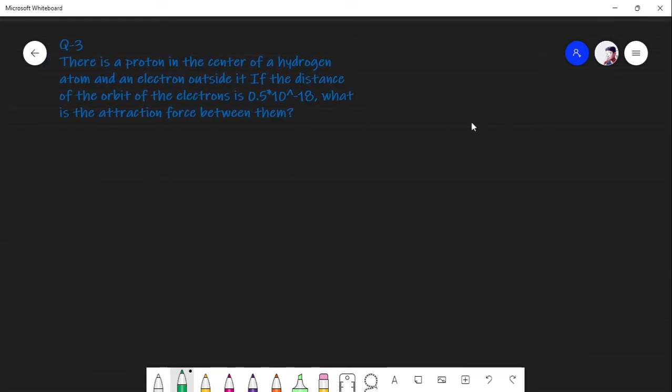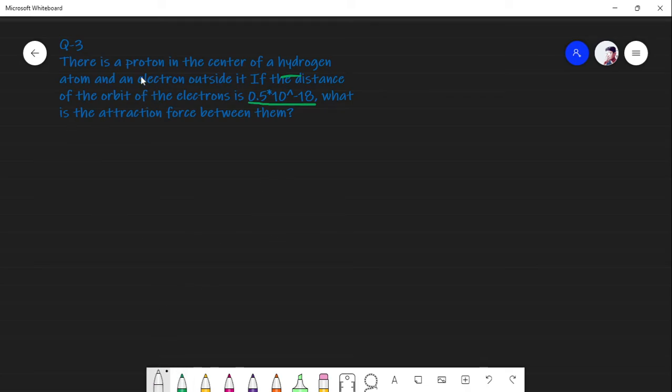So here it says there is a proton in the center of a hydrogen atom and an electron outside it. So if the distance of the orbit of the electron is 0.5 times 10 to the power negative 18, what is the attraction force between them? So in this problem, I think we can just plug the values. Let's see.